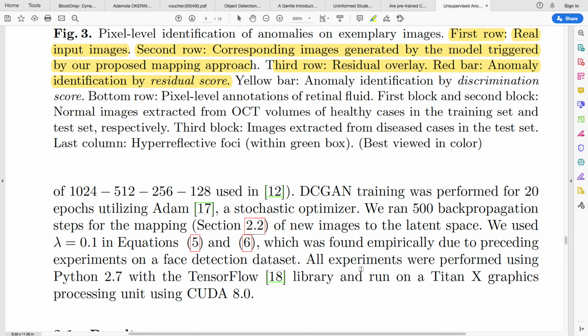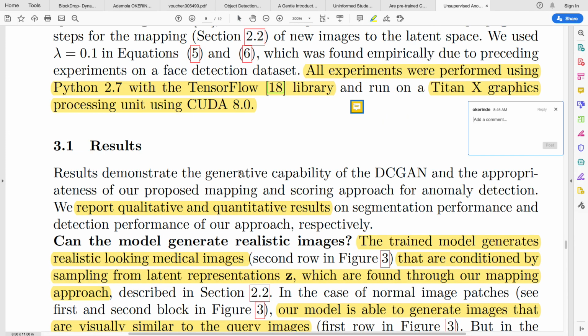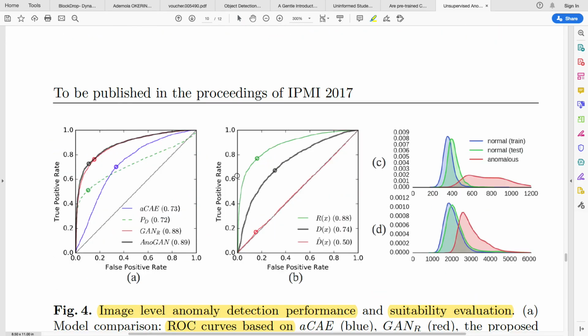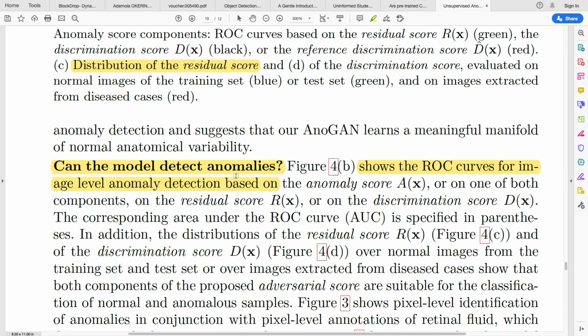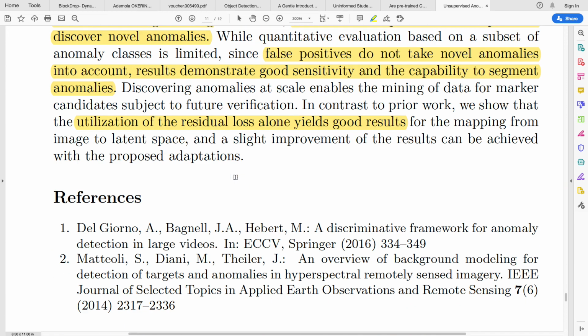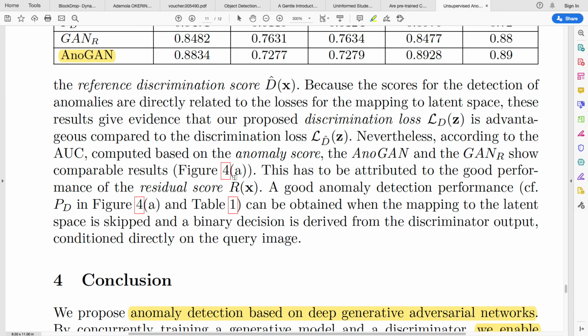Let's quickly go to their results. They used Python 2.7 and the TensorFlow library, and they used a Titan X graphics card with CUDA. Let's look at the results. This is the result that they have. This table shows the result.